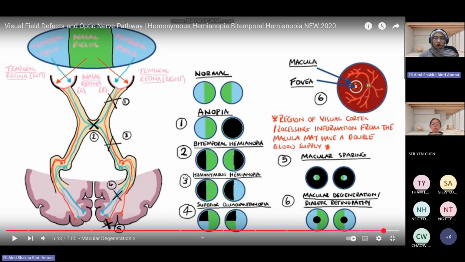Usually a stroke will be caused by a TIA, the transient ischemic attack I mentioned just now. It can lead mostly to homonymous hemianopia, and also quadrantanopia in severe cases. This is because the optic radiation is located in the midbrain. Our brain is basically folded.